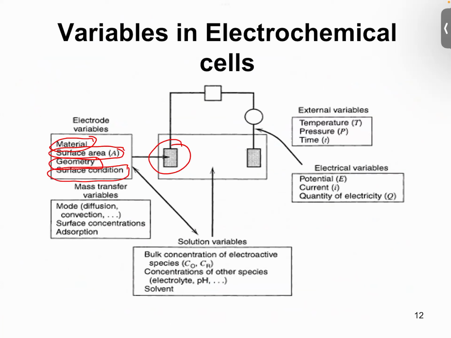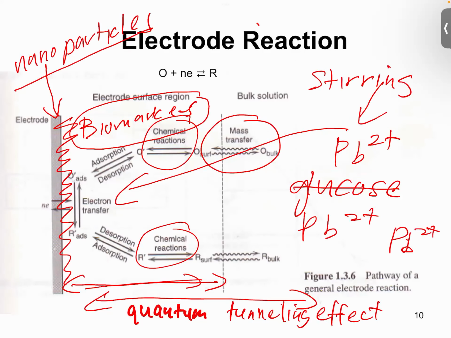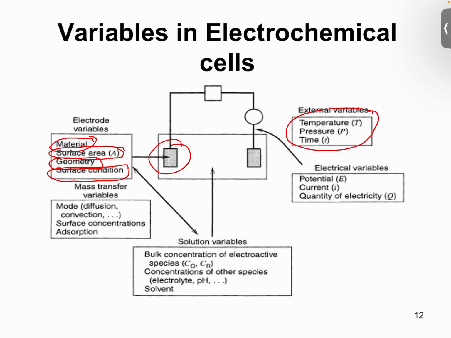And during the process, we have to control temperature. Usually pressure is not a concern because we dip it in solution. So it's normal pressure inside aqueous solution. And the time of reaction, because you can see that it requires time for the analyte to go to the electrode surface. So we have to think about the time.